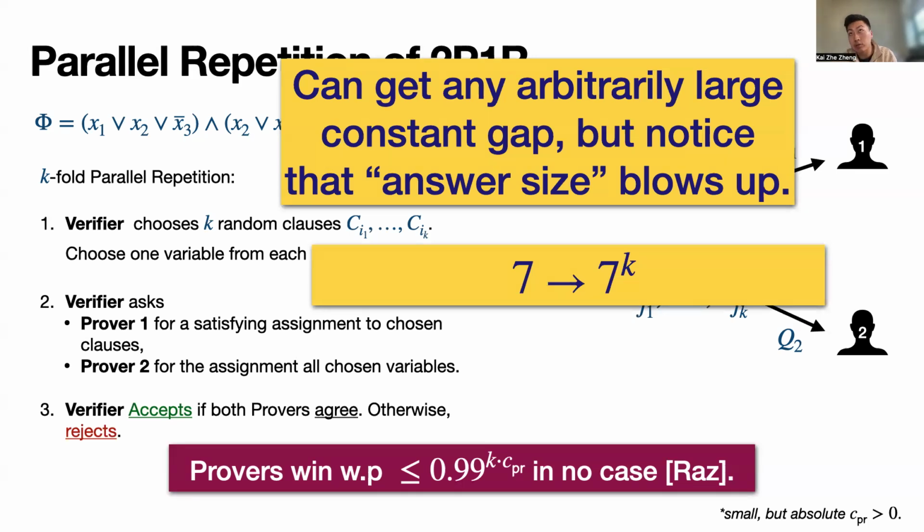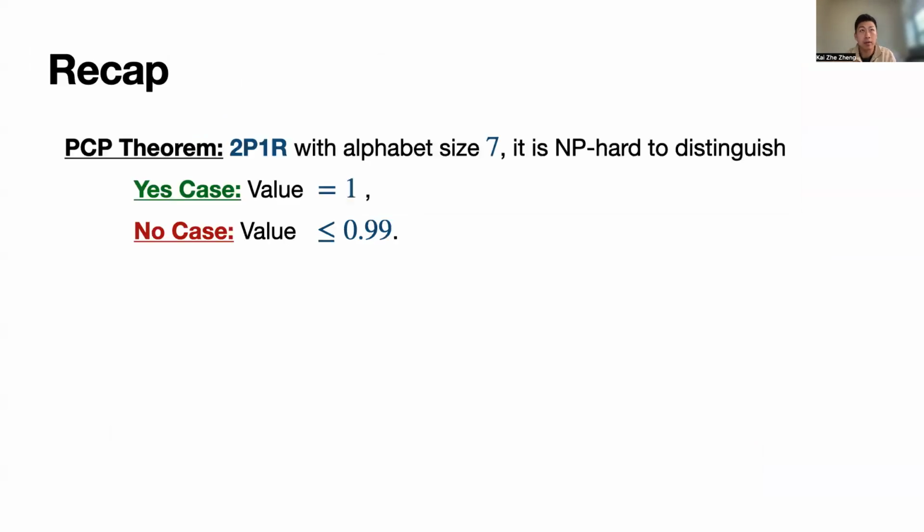Now let's just recap what the state of things is. This answer size, formally, we'll call the alphabet size from now on. What we saw first was the PCP theorem, which states that distinguishing a two-prover one-round game of alphabet size 7 with value 1 versus value at most 0.99 is NP-hard.